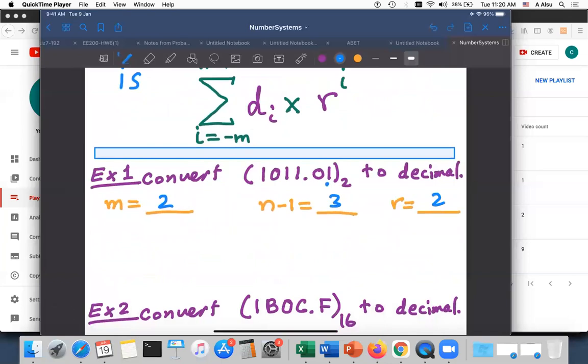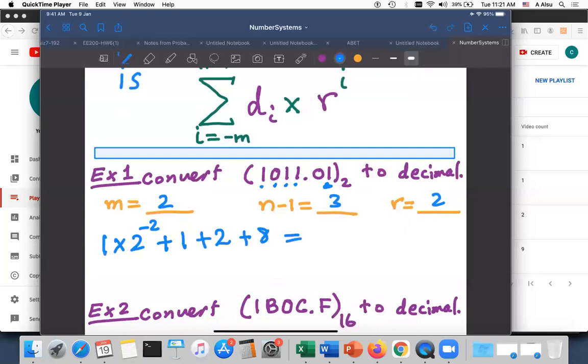This one here is multiplied by 2 to the minus 2, okay? And then the 0 multiplied by anything is 0, I don't have to write it. Plus, this one is multiplied by 2 to the 0, so it's 1. And then this one is multiplied by 2, so this is going to be 2. And this 0 multiplied by anything is 0, so I don't have to write it. And then this one here is multiplied by 2 to the 3, which is 8.